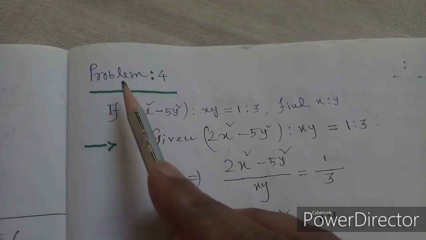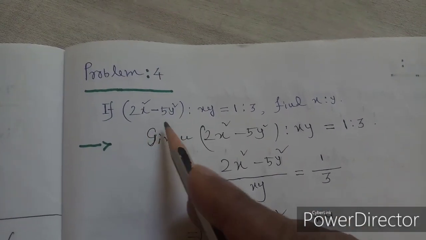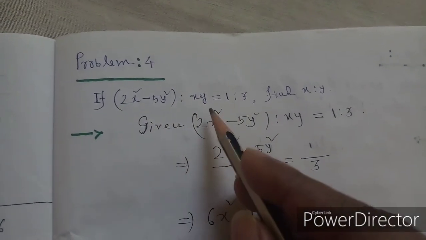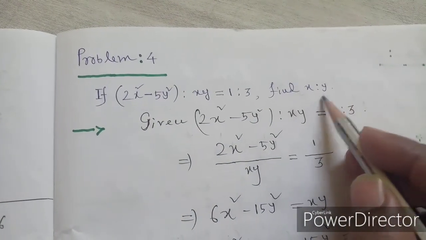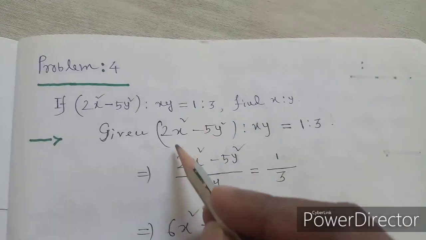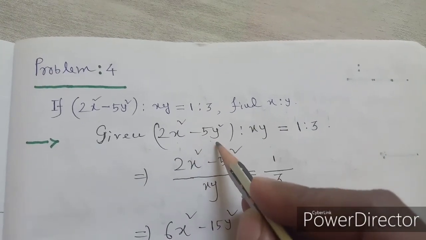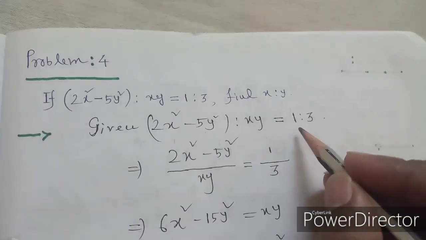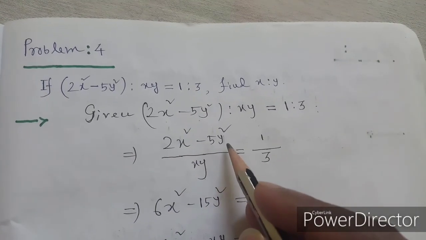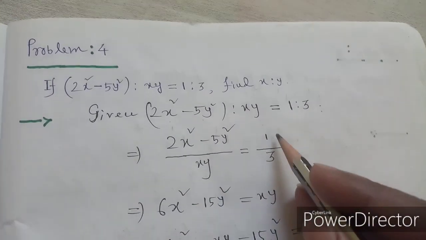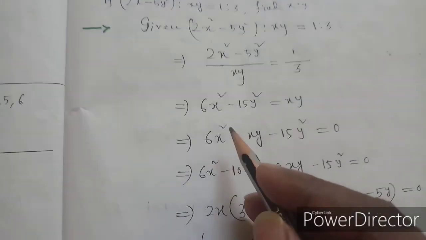Now problem number 4. If 2x square minus 5y square is to xy equal to 1 is to 3, find x is to y. How to find? Given 2x square minus 5y square is to xy equal to 1 is to 3, that means 2x square minus 5y square by xy equal to 1 by 3 cross multiplied.